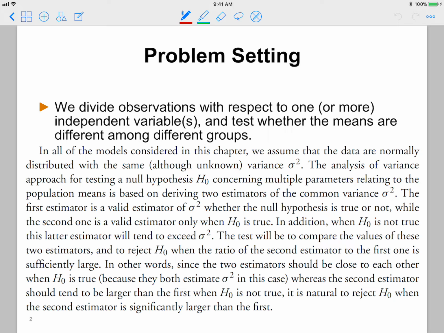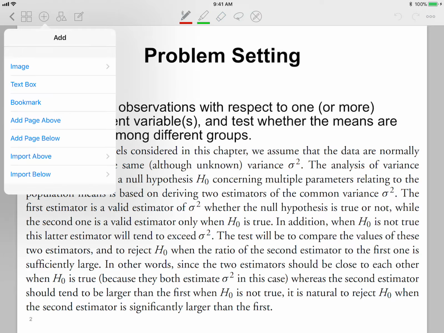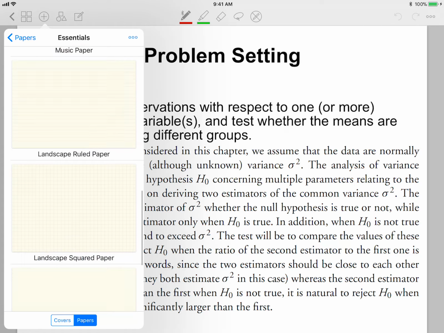Let me give you a high-level story about what ANOVA is doing. What is the problem setting that ANOVA is targeting? Since we are using a person's height and weight, let's just use this height example, although it's a little bit boring.